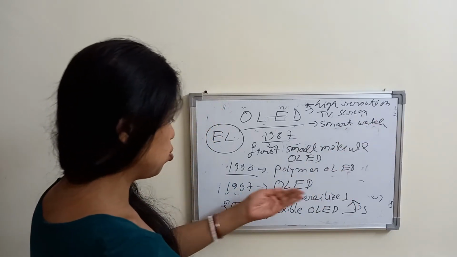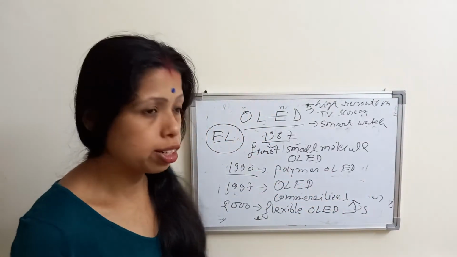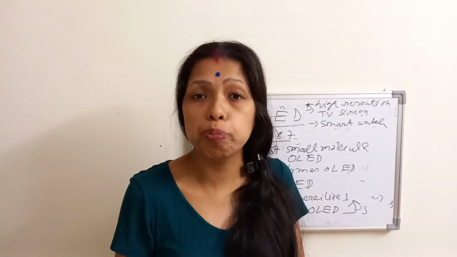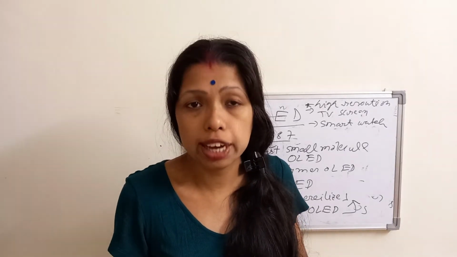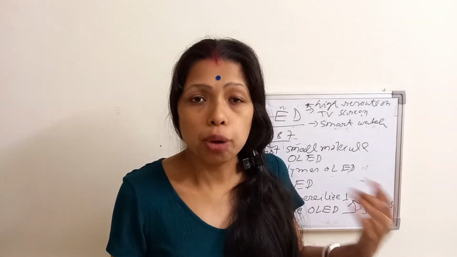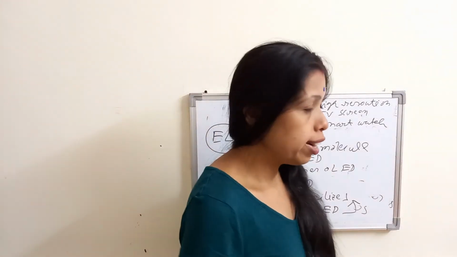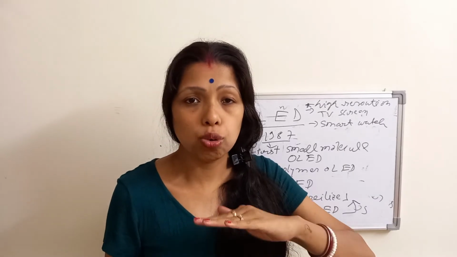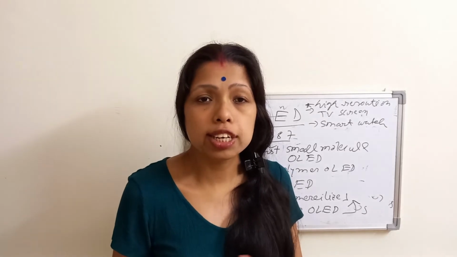So what is the difference between the OLED and the flexible OLED? If you want to design any device, we need a base, which is called the substrate. If we fabricate an OLED on a substrate like glass, that is a normal OLED.